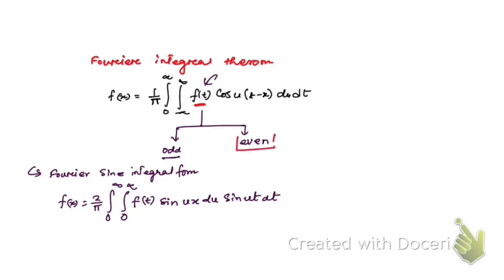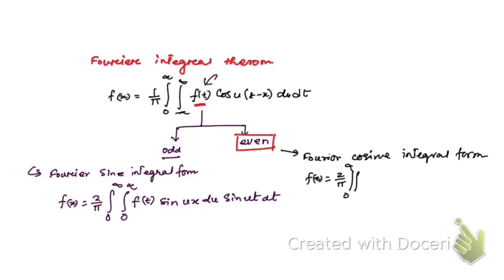And if it is even, then the given function f of x can be expressed in Fourier cosine integral form, that is f of x is equal to 2 by pi, double integration from 0 to infinity, then again from 0 to infinity, f of t cos ux du, then cos ut dt.